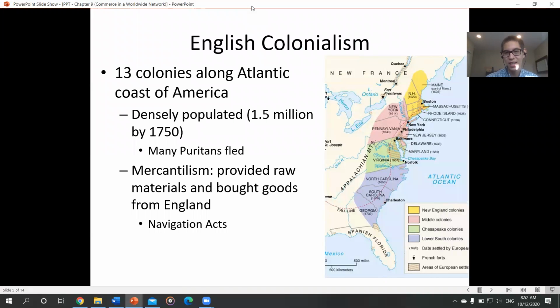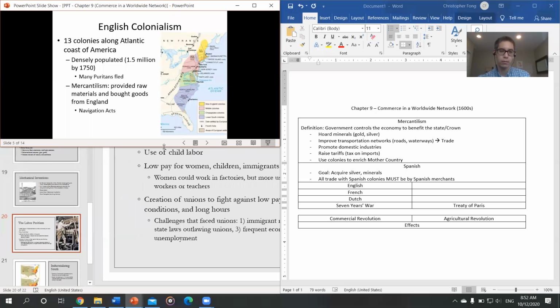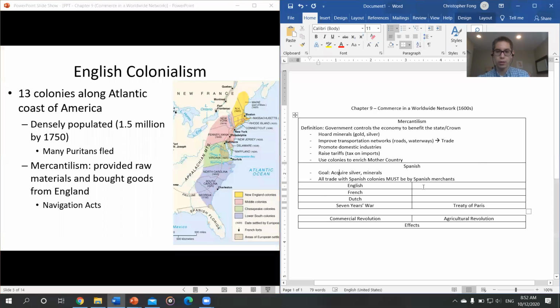Anyways, English colonialism. Originally in the 13 colonies that is now the United States, English colonialism was quite different than Spanish colonialism because the goal here was to create permanent settlements. So with the English, again, I'm going to reformat this.